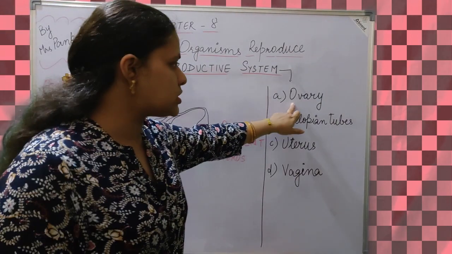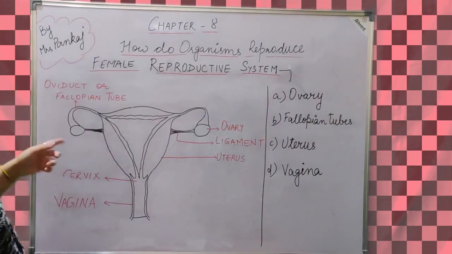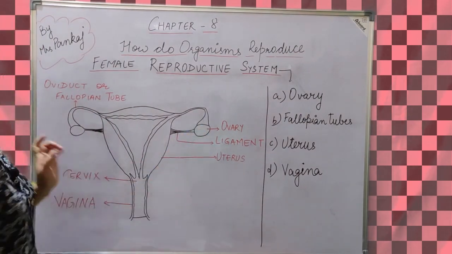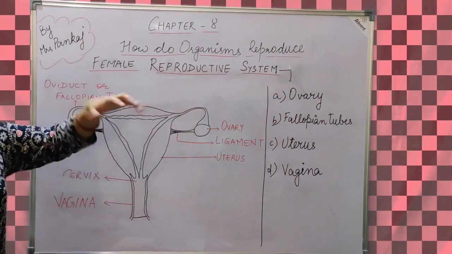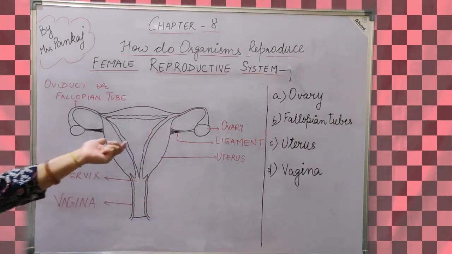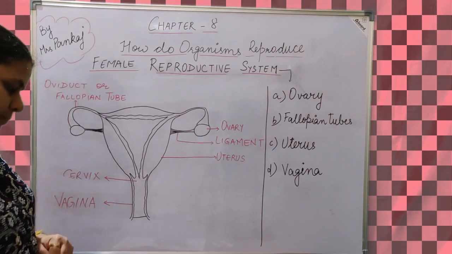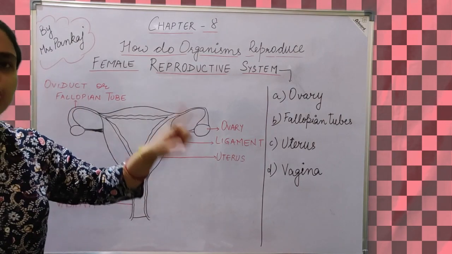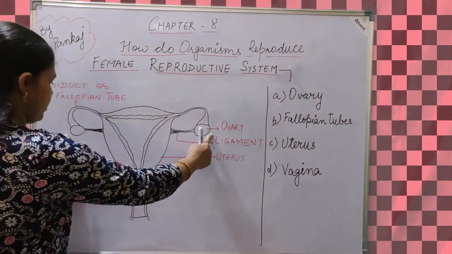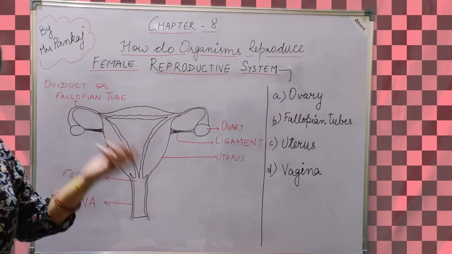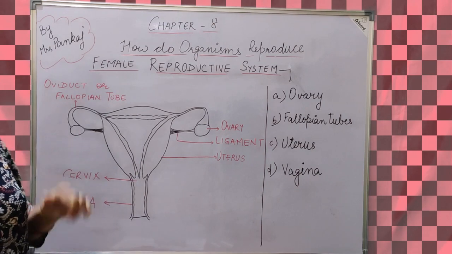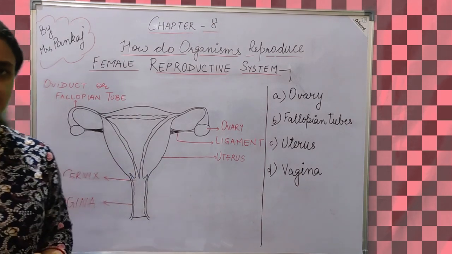Now the very first thing is ovaries, or we can say a pair of ovaries on both the sides. Now what is the function of these ovaries, what are they, and what is the importance of these ovaries? Each human female consists of a pair of ovaries on both sides inside the body at lower abdominal cavity.